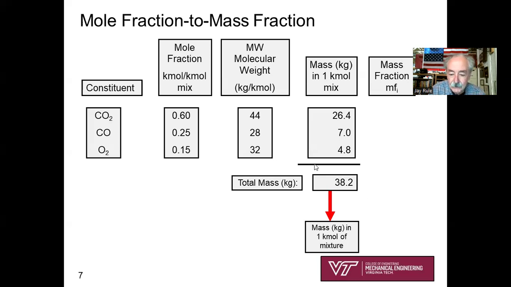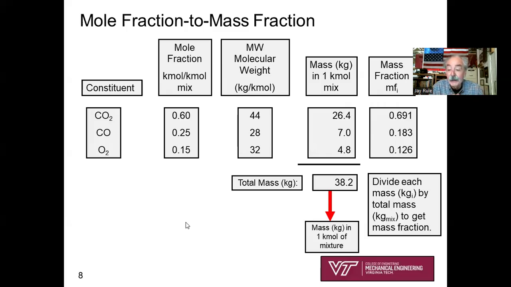Wow, okay. So that's the total number of kilograms. Up here, I've got the kilograms of each constituent. Now that we've got this table, you see that the mass fraction is simple. It's going to be 26.4 over 38.2, 7 over 38.2, and 4.8 over 38.2.